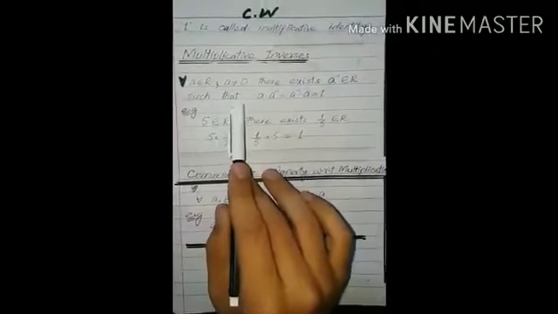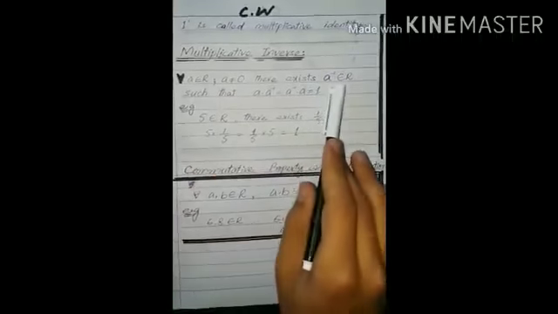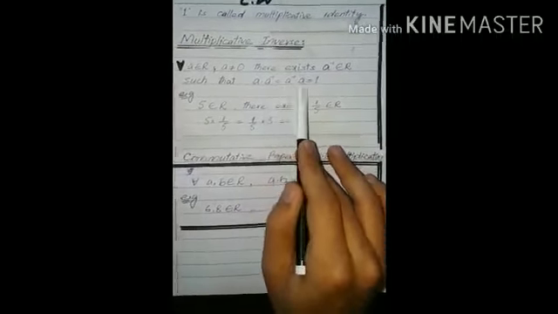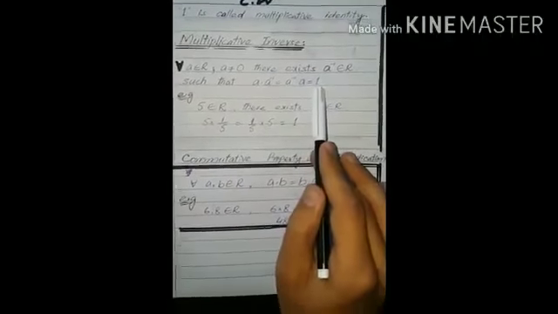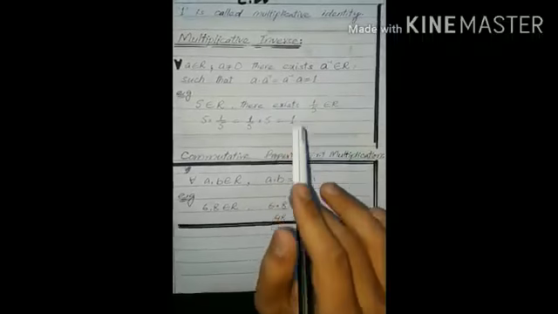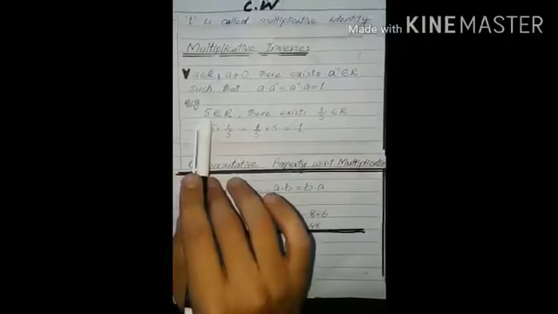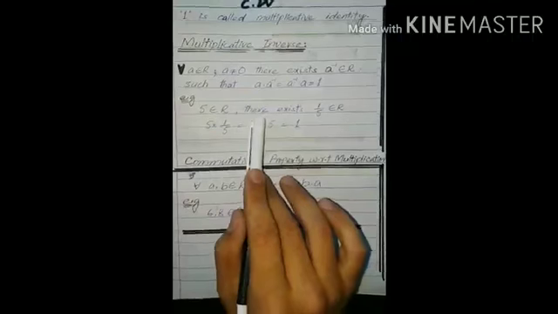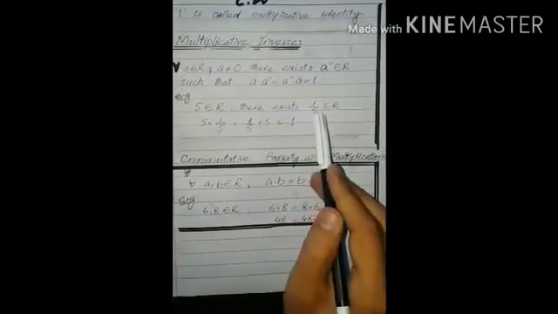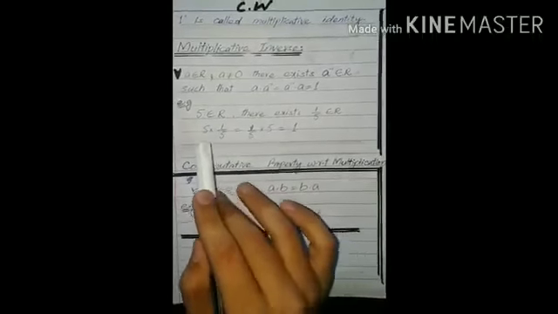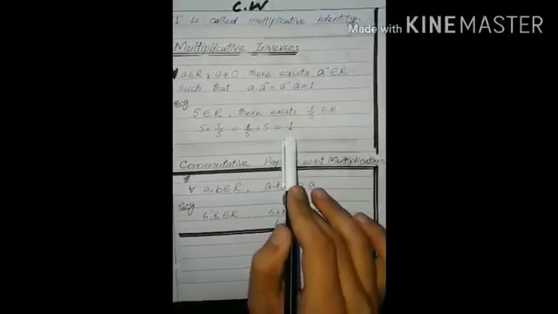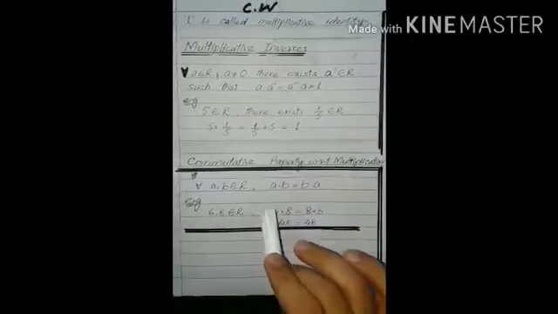Such that if we multiply this number and its opposite number, it means a into a inverse or a inverse into a, we will get 1, the multiplicative identity, in the product of these two real numbers. For example, 5 is a real number, and there exists 1 over 5, and if we multiply this 1 over 5 with 5 or 5 with 1 over 5, we will get the multiplicative identity in the product of these two real numbers.